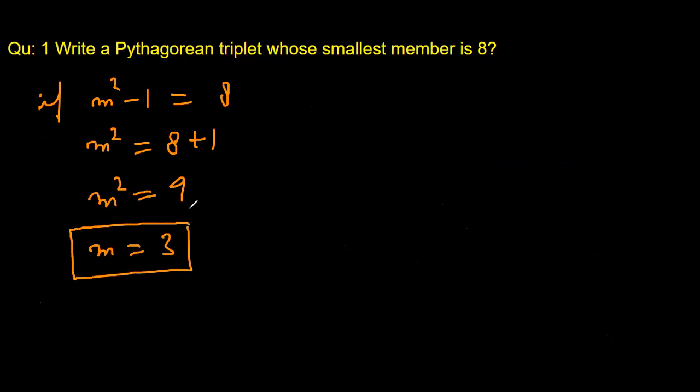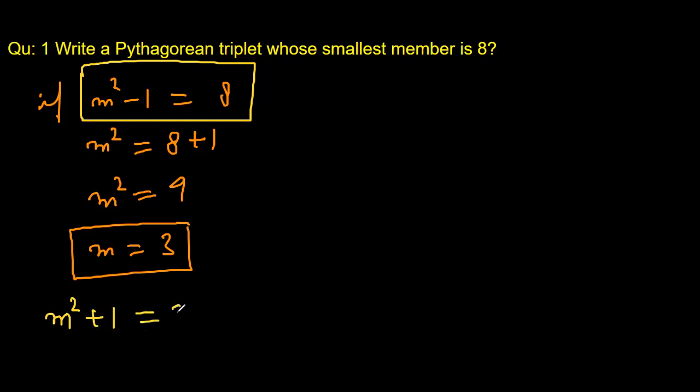Now we have got the value of m, so we can get m square plus 1 also. That is 3 square plus 1, so the value is 9 plus 1, that is 10.